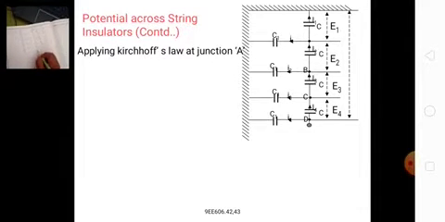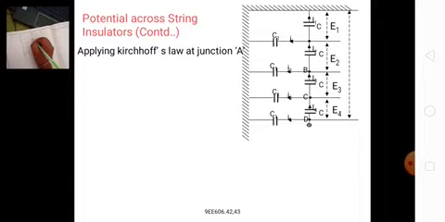So here is the conductor. Here the shunt capacitance is C, and here is the mutual capacitance. The current flowing through the shunt capacitance of the first disc is I1 and IA. Here it is I2 and IB, here IC, I3, and here I4, ID.